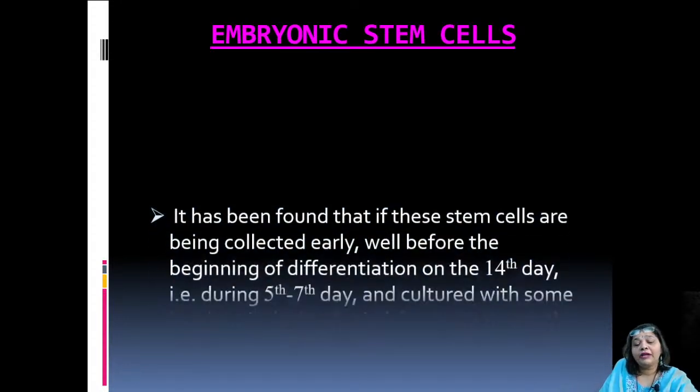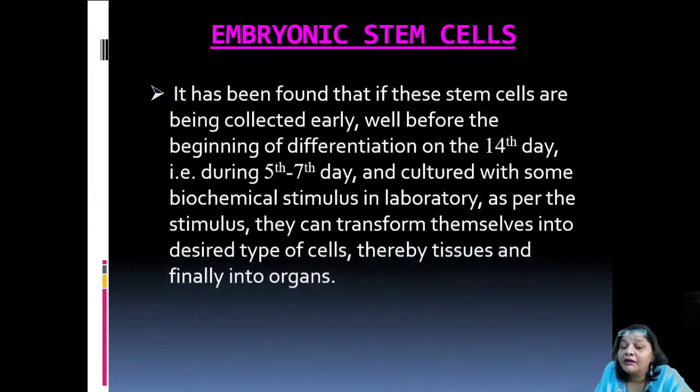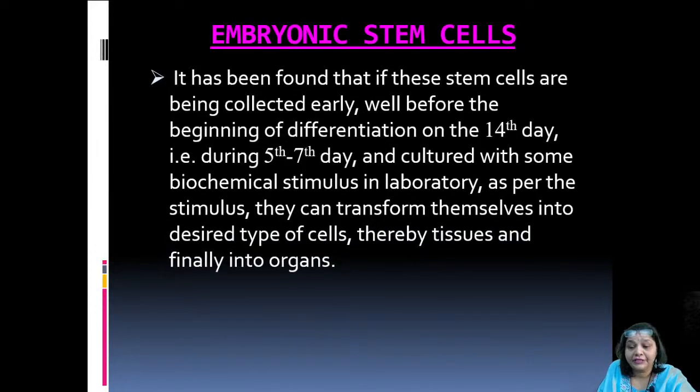Now, it has been found that if these stem cells are collected early, well before the beginning of the differentiation on the 14th day, that is during the 5th to 7th day, and if they are cultured with some biochemical stimulus in the laboratory, then as per the stimulus used, they can transform themselves into the desired types of cells, then tissues, and finally into the desired organ.